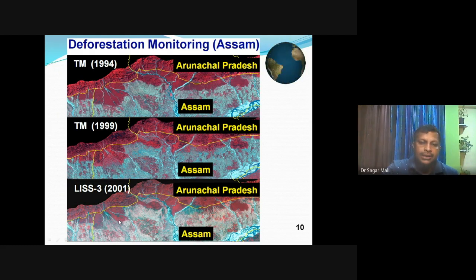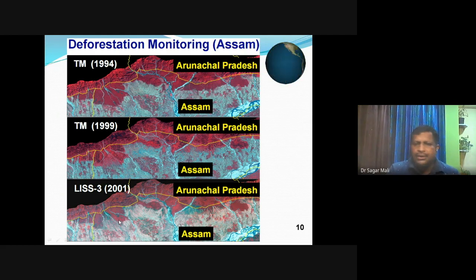See, this is the rate in only one area, one state, one country. But the same thing is happening in every part of the world at a very drastic rate, and it's an alarming condition. For precise mapping, remote sensing technology plays a very important role in deforestation monitoring and change detection analysis of forest cover.